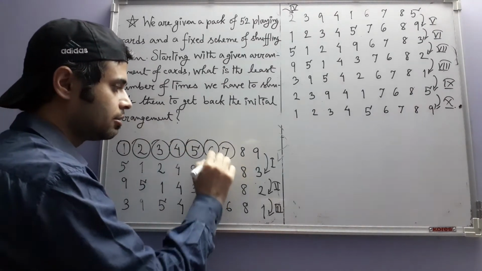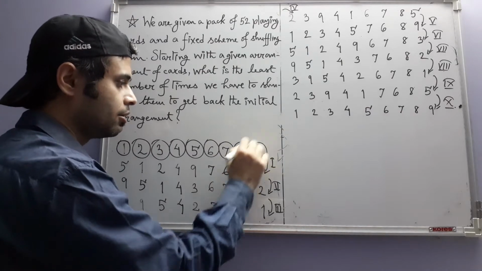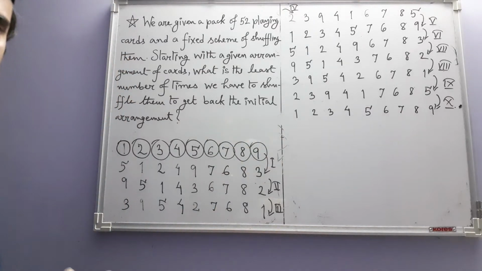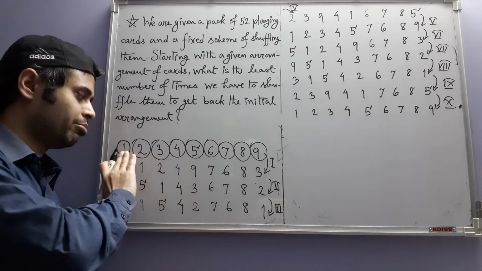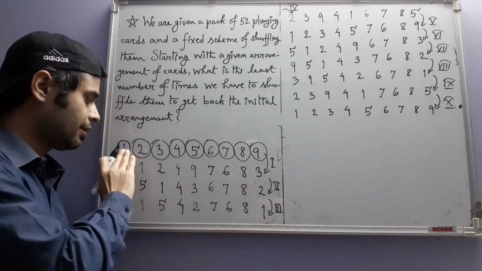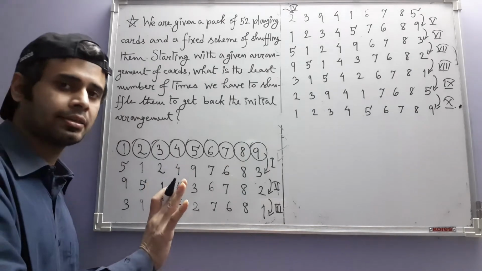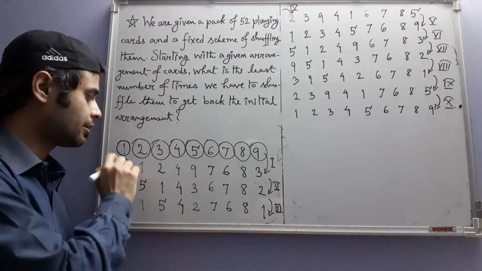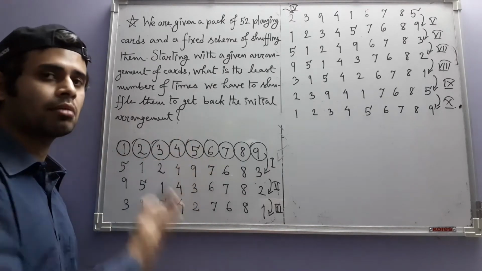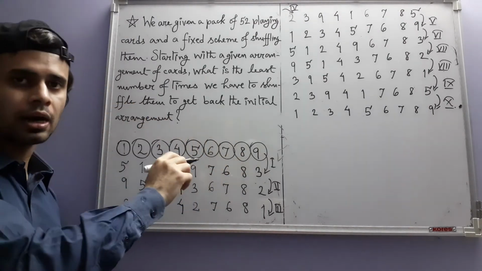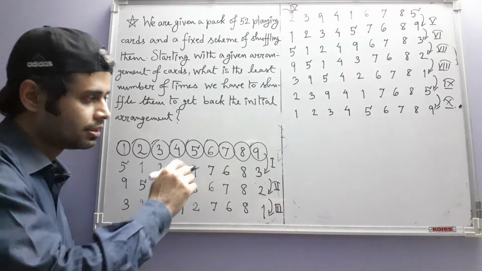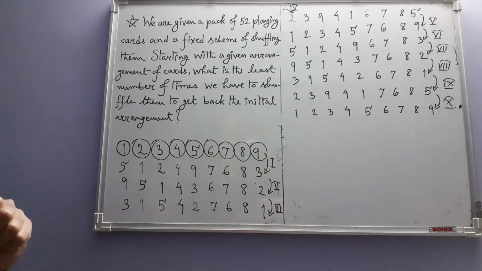Without actually calling them king of spades or seven of hearts, to make matters simple, I have labeled them using just natural numbers. You have to understand that these are not just numbers. These are labels that have been given to some cards.